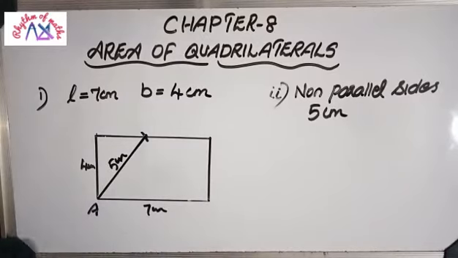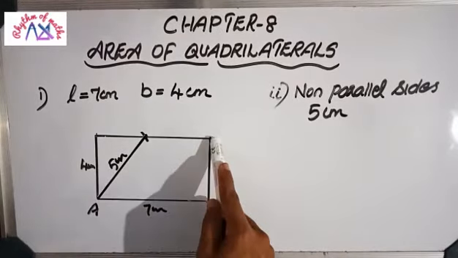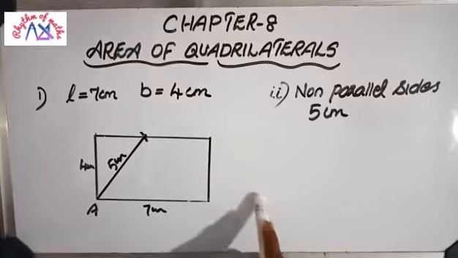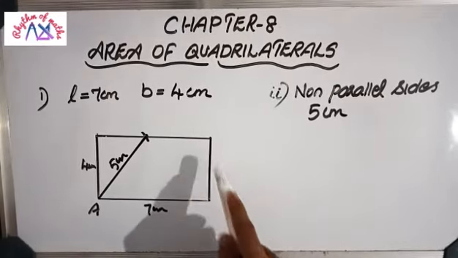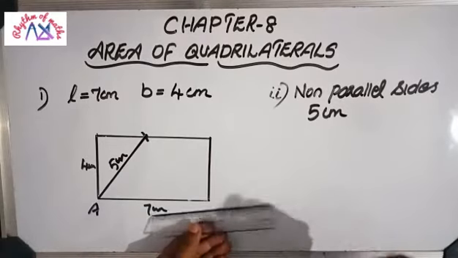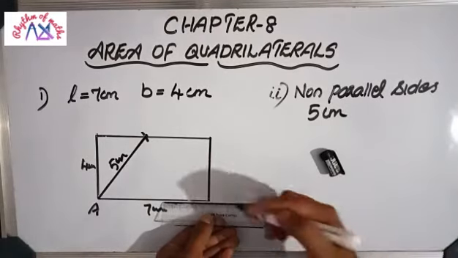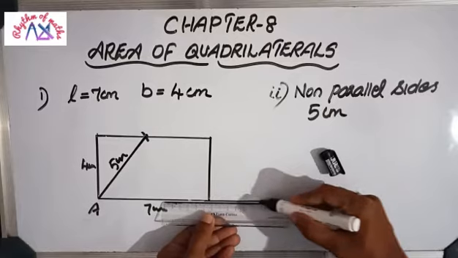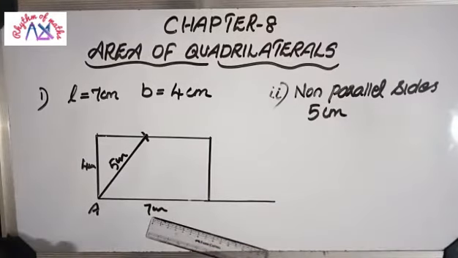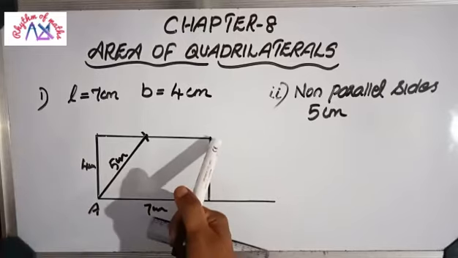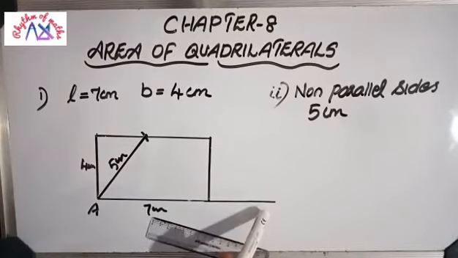Now to get the next side, here also we need 5 centimeter. In this side we need 5 centimeter. So for that, first extend the base side. Just extend the base side like this. Then with the same compass measure 5 centimeter and draw an arc from this point to this line.